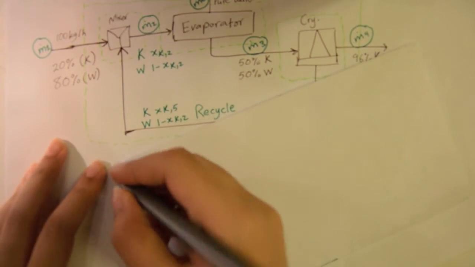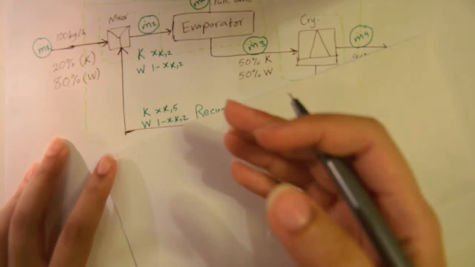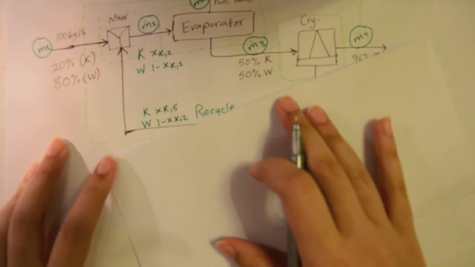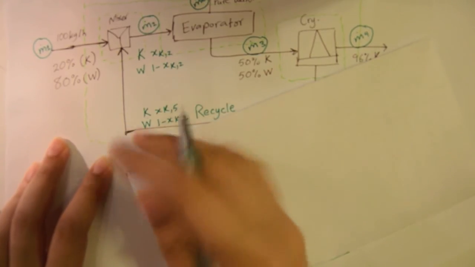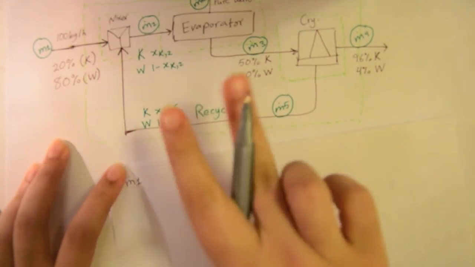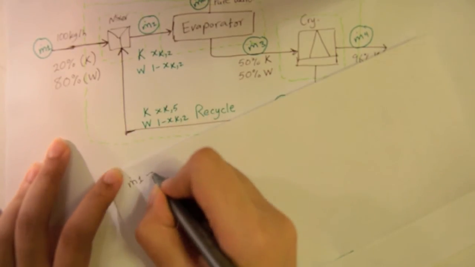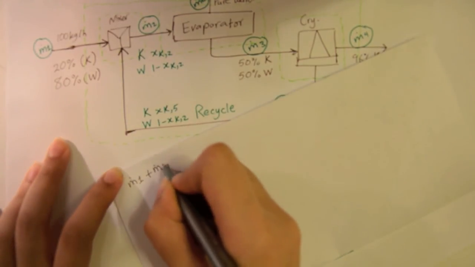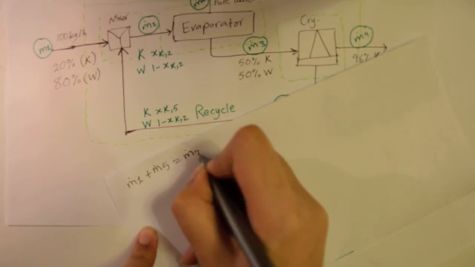So, starting with the mixer, of course, I will start as I did with the material balance. So it's M1 entering the mixer, as we can see here, and M5. So we have two streams entering the system, M1 plus M5 equal to M2.